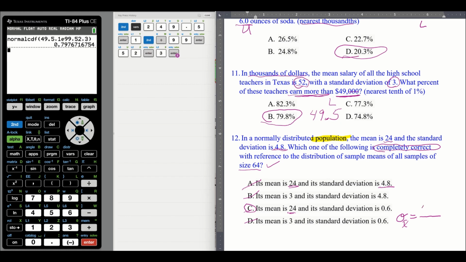You are going to take that population deviation and take the sample size of 64, put that in your calculator and see if we don't come out with a 0.6. Okay, 4.8 divided by 2nd square root, put your 64 under there. Yes, it does. So C's our option.